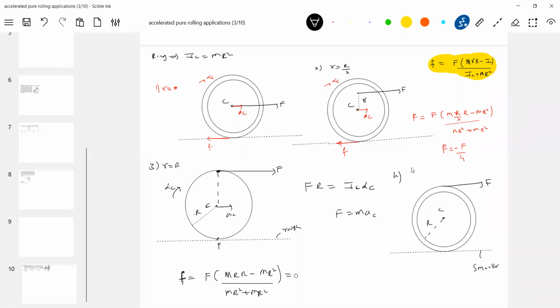It's a ring. The force is applied at small r equal to capital R. Again the same condition. Though the surface is smooth, what happens? Still, it will have pure rolling. So, is friction necessary for pure rolling? The answer is no. Looking at this particular condition, the last, fourth case, though the surface is smooth, the body is having pure rolling.